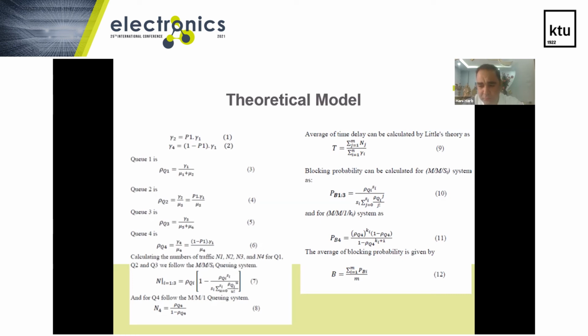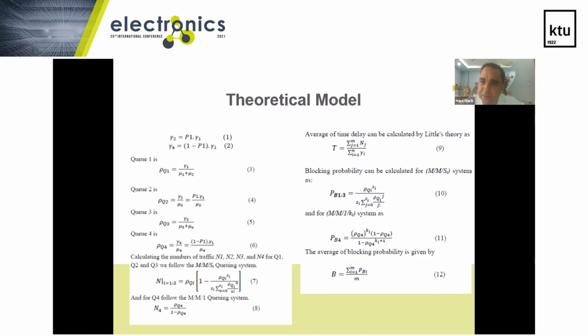Then the number of traffic, which is the parameter included in the proposed procedure, is used to evaluate the blocking probability for each component.